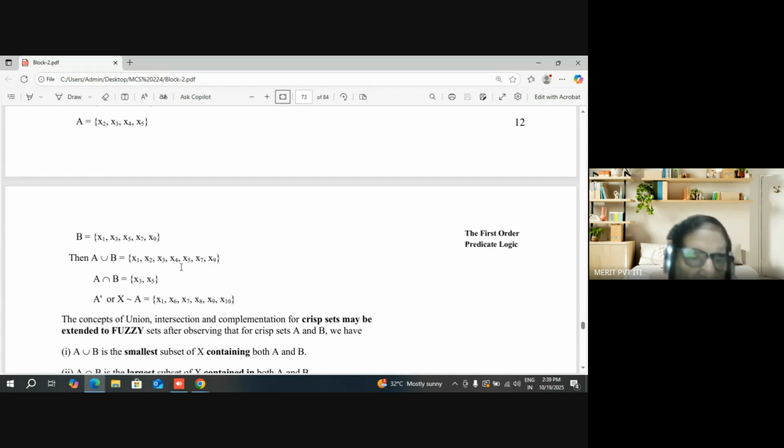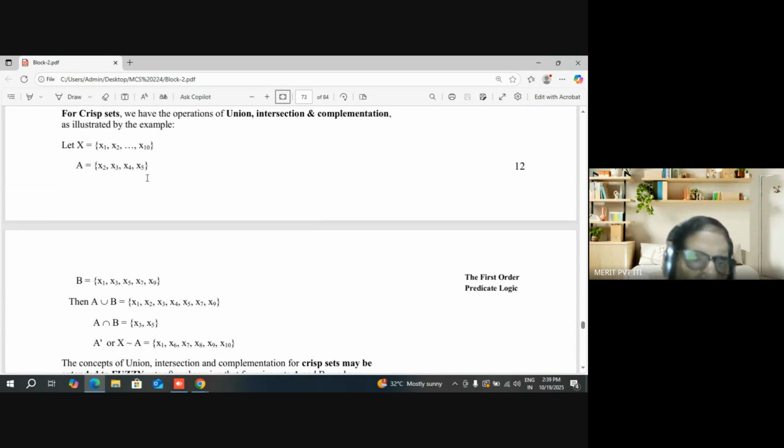A or B is this, and A and B is this, because between A and B, with X2, X3, X4, X5 and X1, X3, X5, only X3 and X5 are common, so A and B is X3, X5. A or B, then everything comes in.